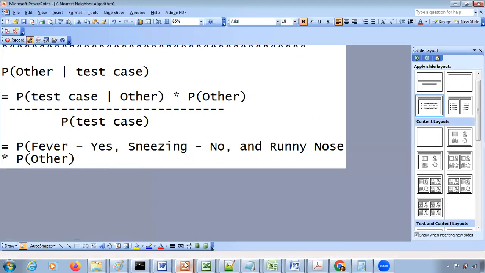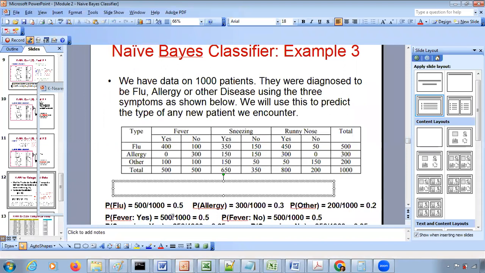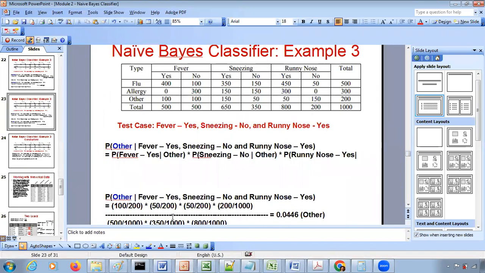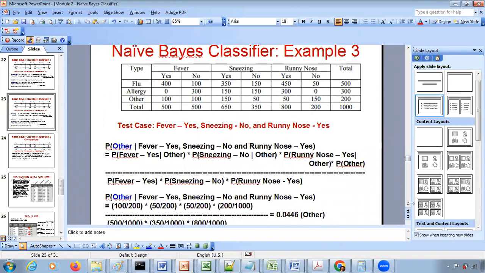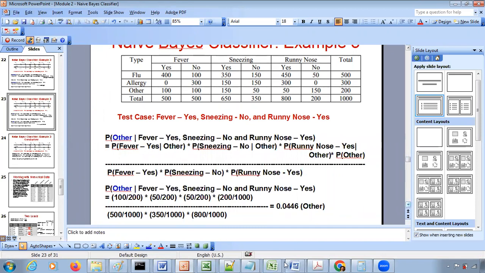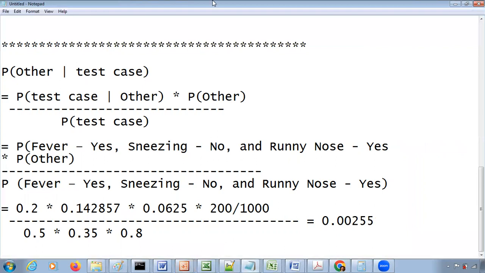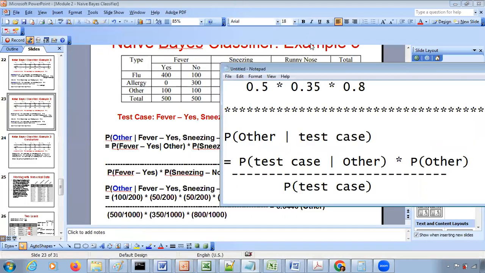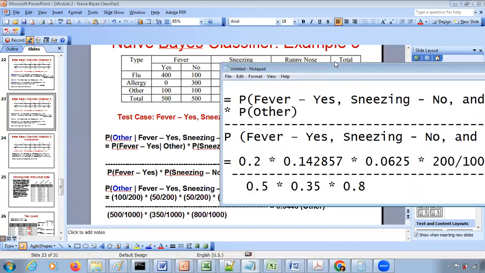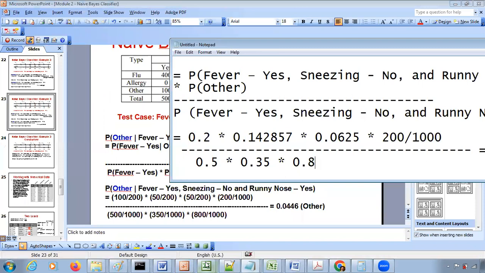Let's check the numbers. I might have made some mistake. Let me check.